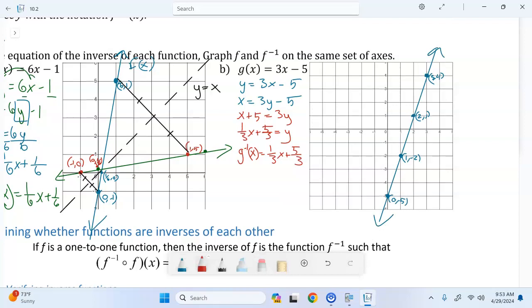Now, given those points, give me one point that's going to be on my inverse graph. So 1, negative 2 is on this one. Give me another one. Oh, negative 2, 1.